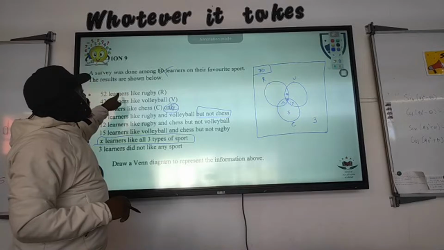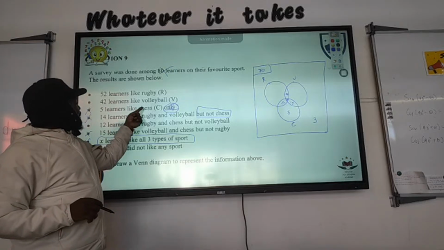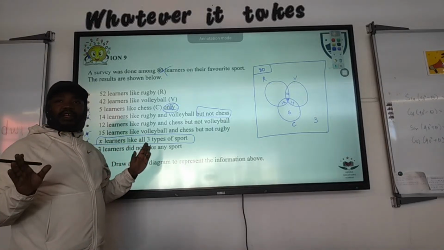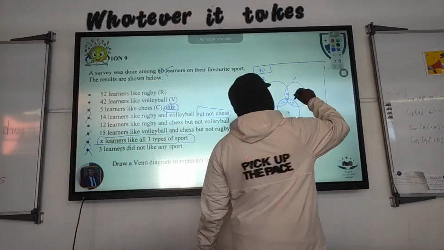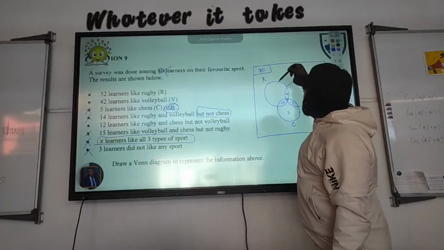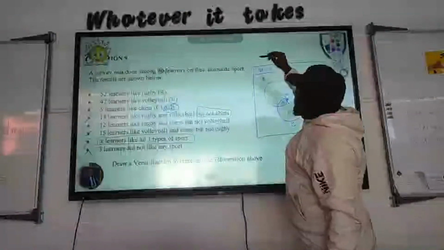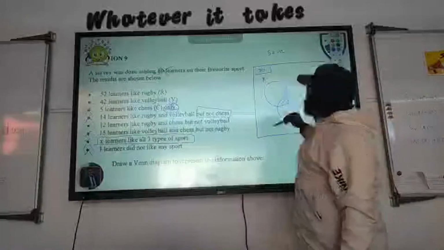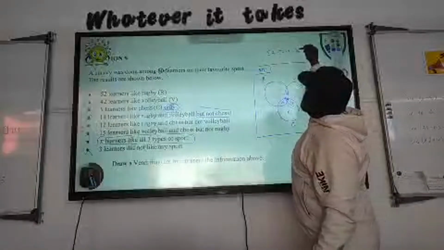This one is saying 52 learners like rugby. You must see the difference between the chess and the rugby information. This one is saying 52 learners like rugby. That's all it says. There's no "but not". So when you come to rugby, you say, okay, I have 52 learners who are playing rugby, and you subtract all the intersections. Because these learners have already been counted, you are going to subtract x and also subtract 14.